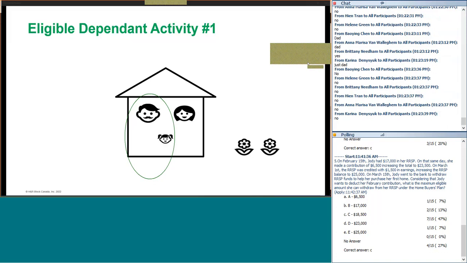Good. Nice and easy. What happens if this is back to the original scenario where we have mom and dad and a baby? What happens if during the year something very tragic happens and dad dies?